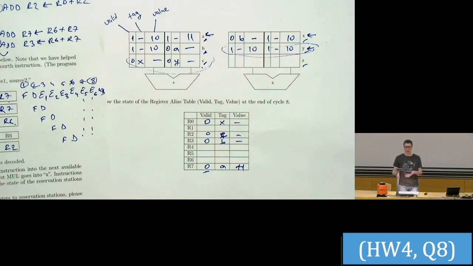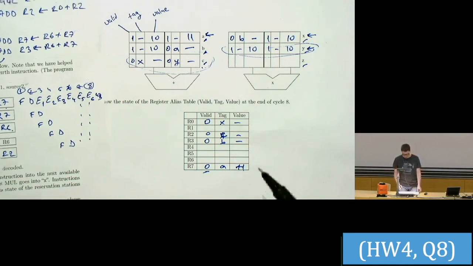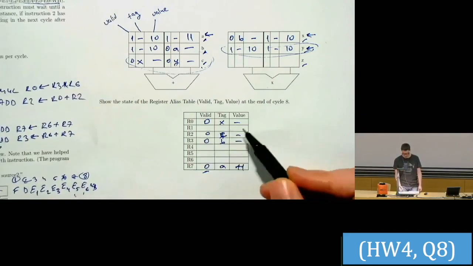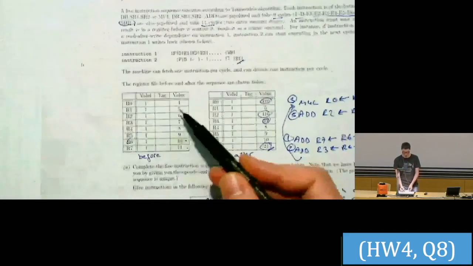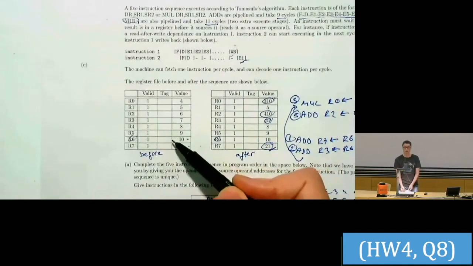So if you do everything sequentially, you will see that every instruction is getting the correct value, and at the end you have the final values in the register file. Okay, and the rest of this register alias table is basically the same as before here.